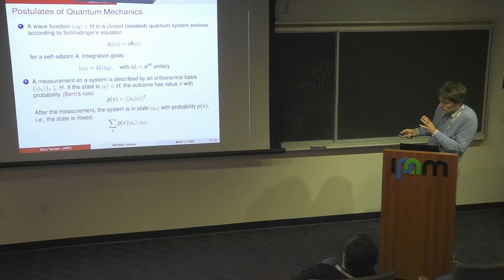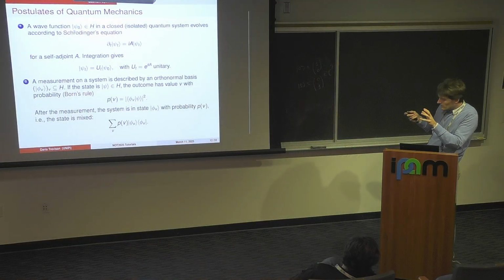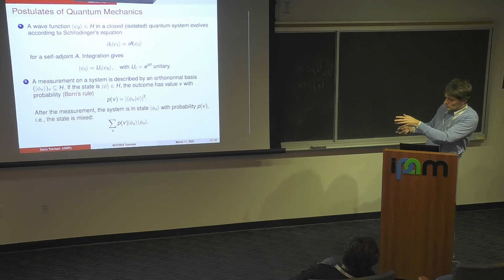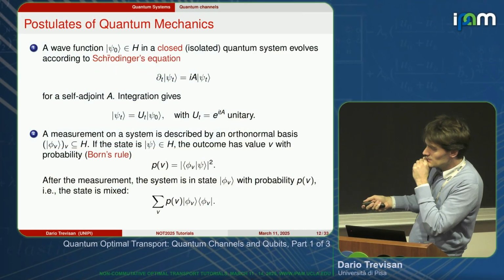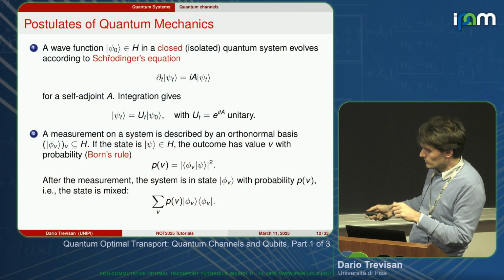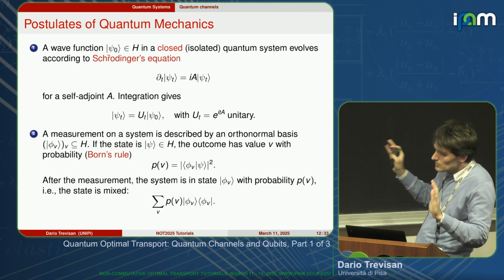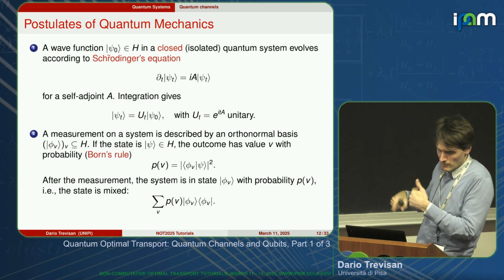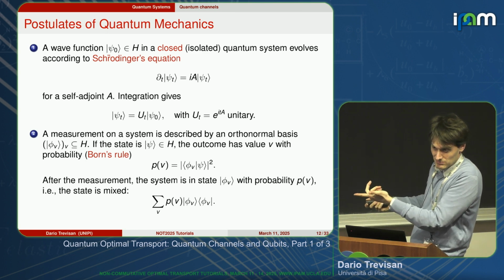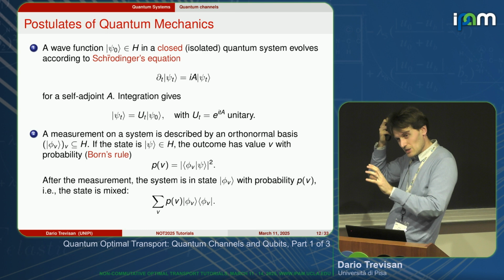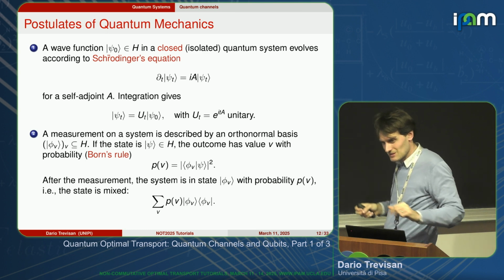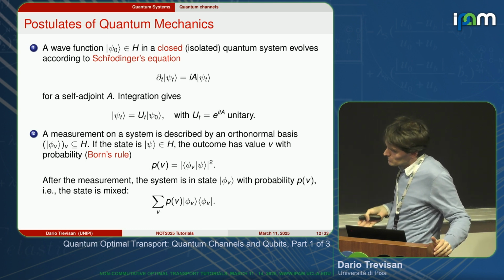It's a similar situation. If somebody tells you, I've measured the system with this observable, with this basis, I can tell you the outcome will be this with these probabilities. And if you tell me that you performed the measurement, I can tell you that you will be in this state. Of course, if you haven't told me which one of the v you have observed, I can tell you that you are here, not in the psi v. If you want, you can split these two steps a bit.